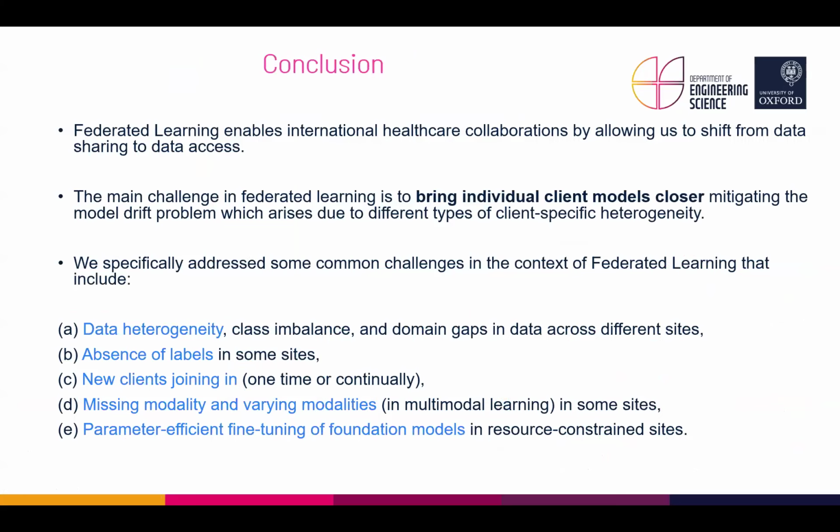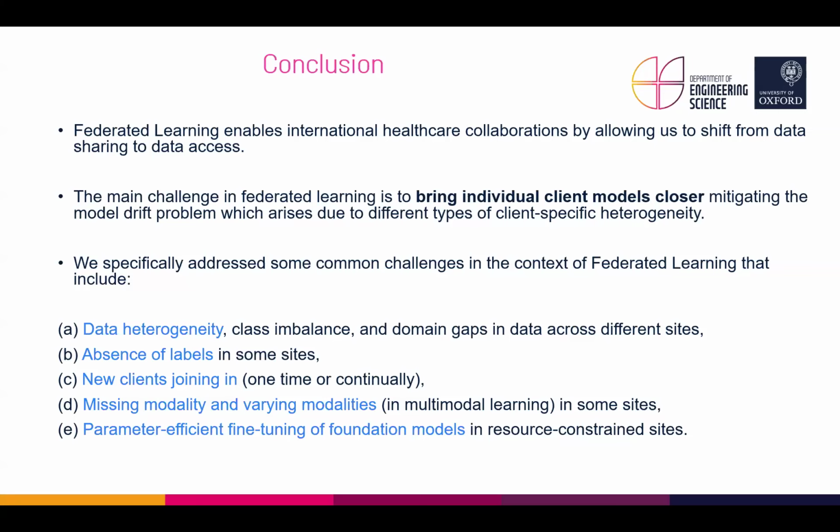That's it from my side. I talked about what federated learning is and how it can enable international collaborations in real-world federated learning settings, and what are the main challenges that we face with federated learning, including problems with class imbalance, data heterogeneity across clients, domain shifts, absence of labels across different clients. What if a new client joins in after I have done federated learning? What if different clients keep joining one after another, and we have to preserve the information while learning new information?